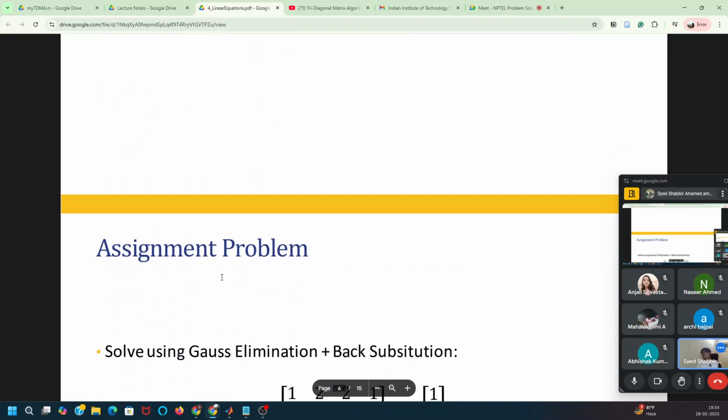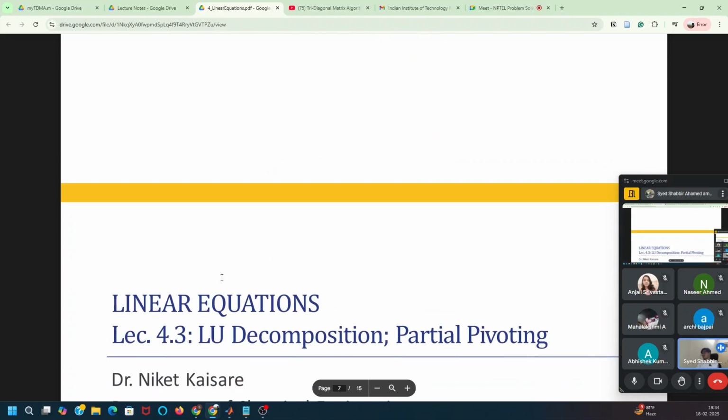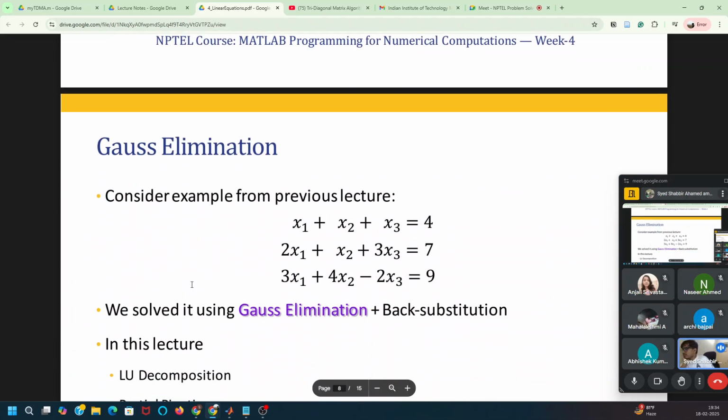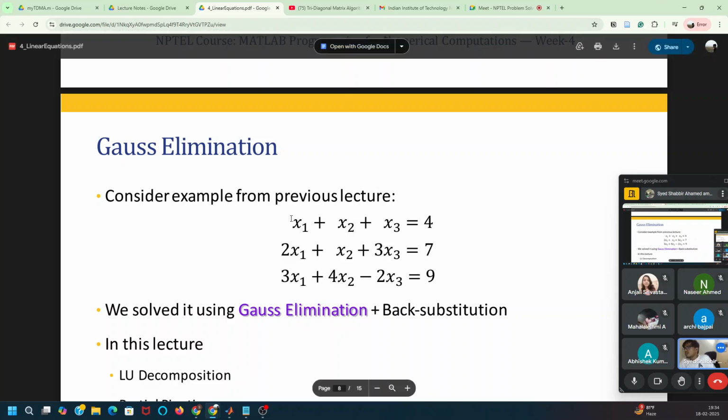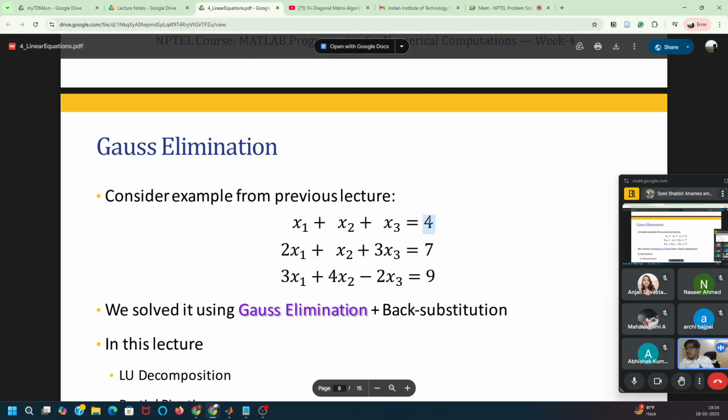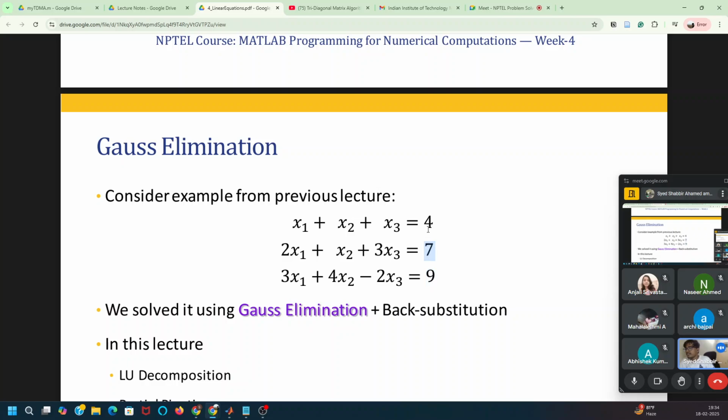So next, we will go to the other lecture in this module, which had LU decomposition and partial pivoting. We do LU decomposition because, let's say you want to find the solution for a linear system of equations in which the b vector is changing, the values of 4, 7, and 9 are changing.